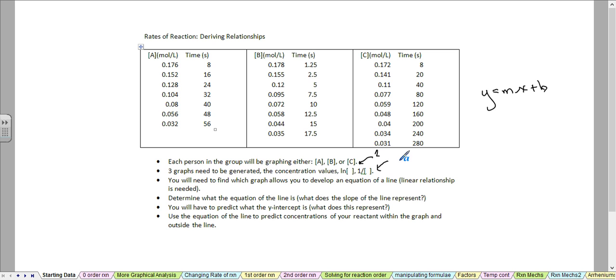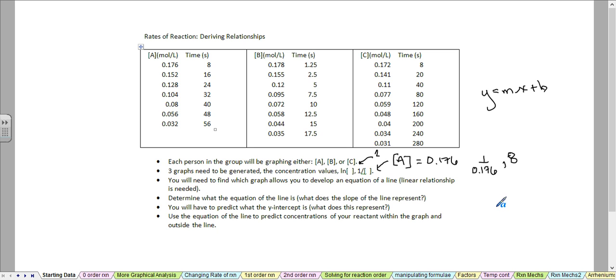An example would be at 8 seconds for reactant A, when its concentration is 0.176: for an inverse concentration over time graph, you would take 1 divided by 0.176 and compare that to the time of 8 seconds, and that would be your point on the graph.